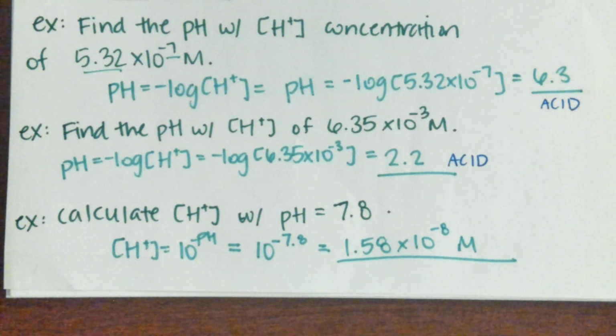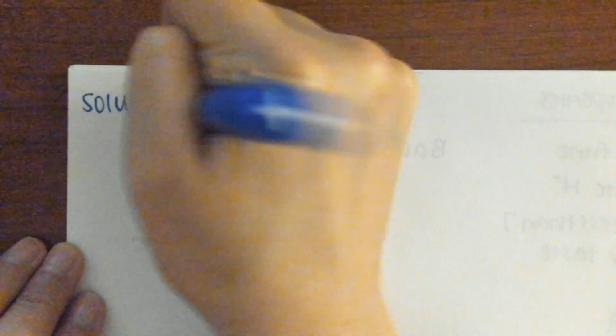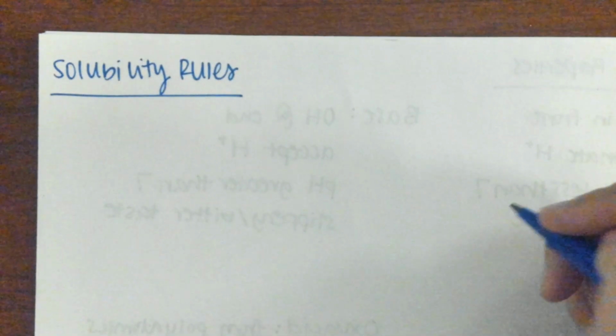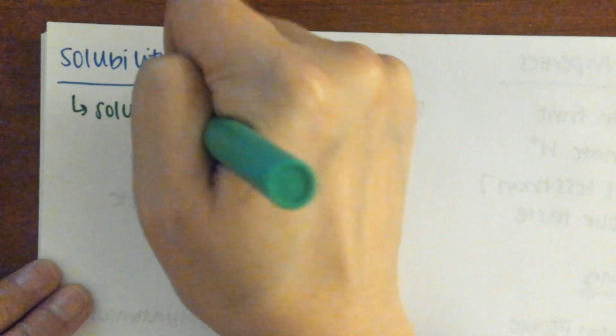Okay, let's move on to the next portion, which is the solubility rules. And solubility rules is pretty straightforward. I'm just going to give you one example for that. So I'll just go right into the example, because again, soluble means it dissolves.